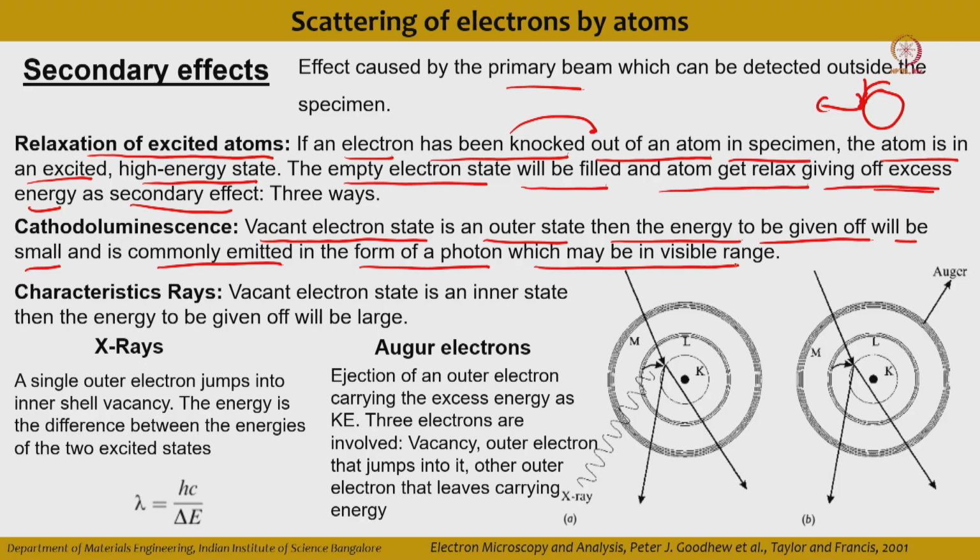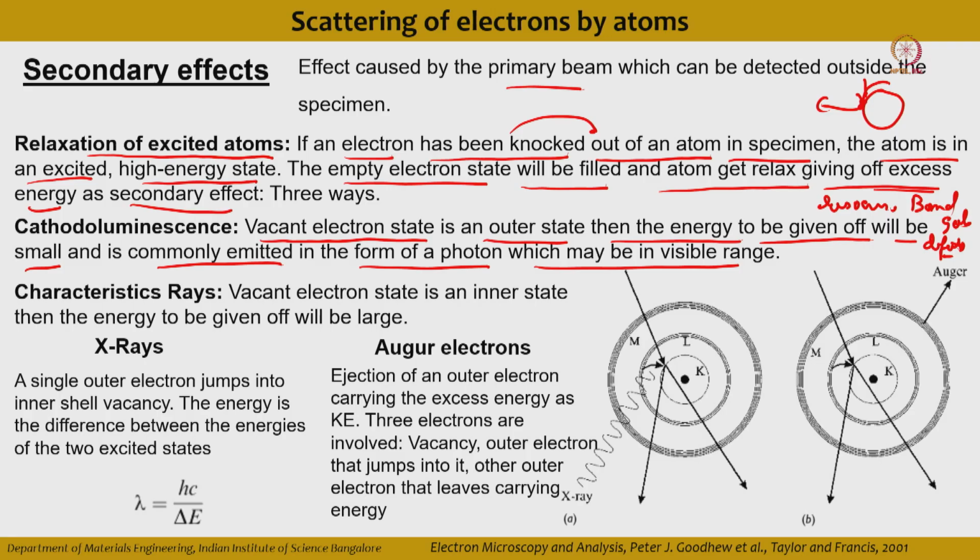These are called cathodoluminescence, and it is used mainly to understand resonance effects, band gap defects, light transport, and electronic structure, and especially in semiconductors.